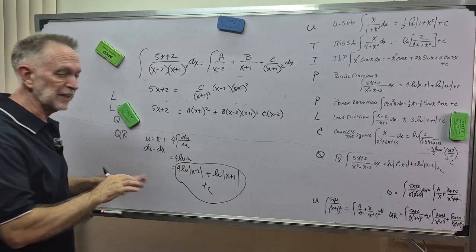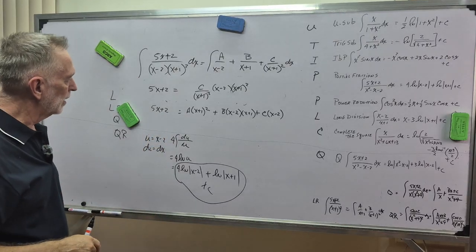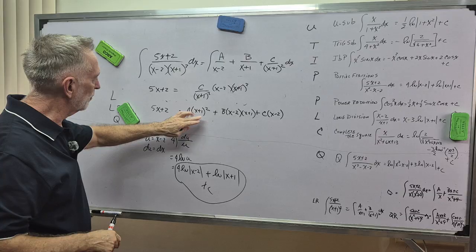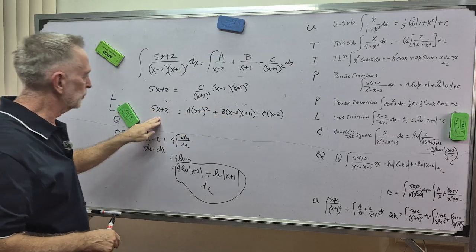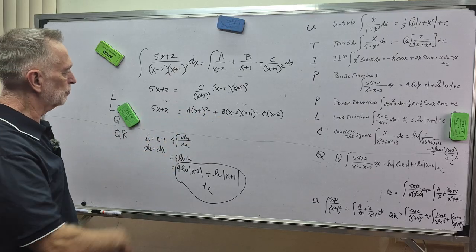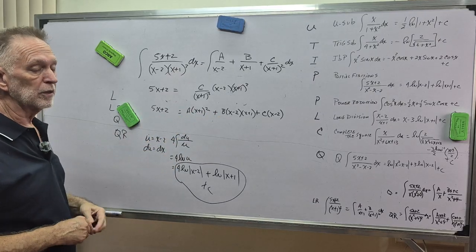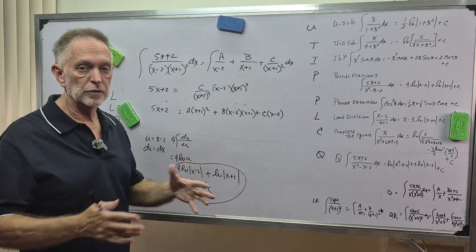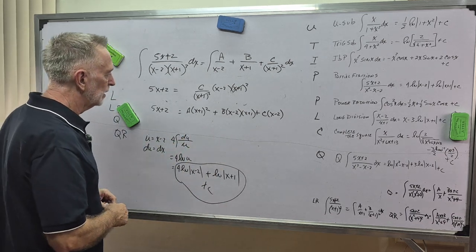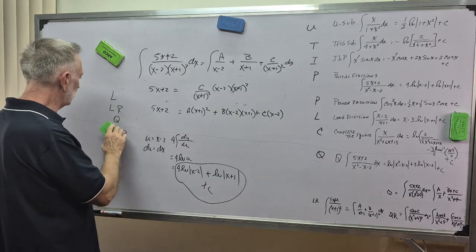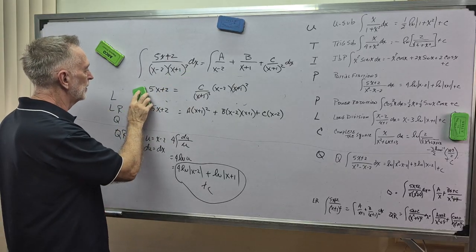You're going through the same scenario again. If I let x equal -1, that cancels out, that cancels out, and I can solve for c. And you just repeat that. You may end up with a system of equations, you know, a matrix that you have to solve. All right, so that was linear repeated.